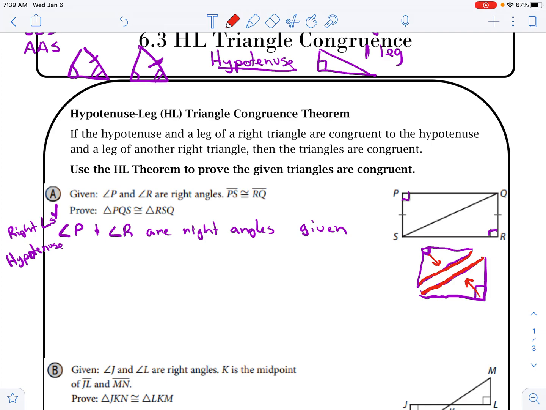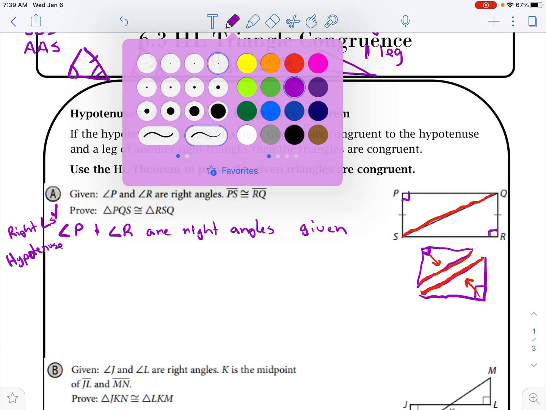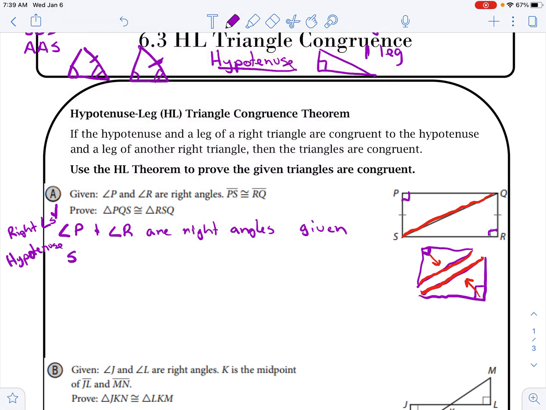Are my hypotenuses equal to one another? In this case, this line is our hypotenuse, and yes, they would be congruent, and I would say SQ is congruent to SQ. Why? Because of the reflexive property.